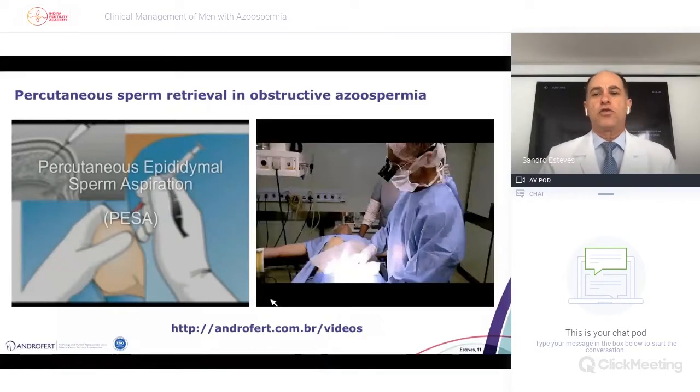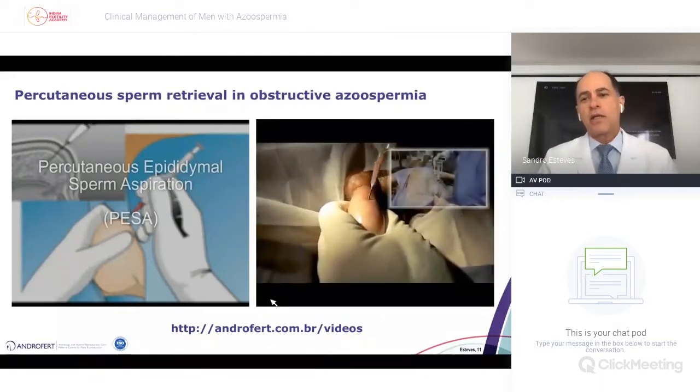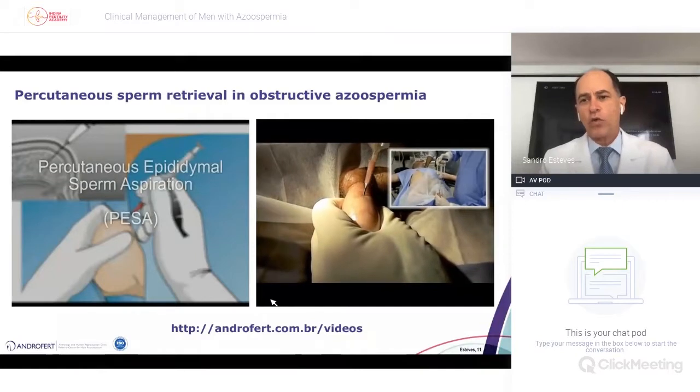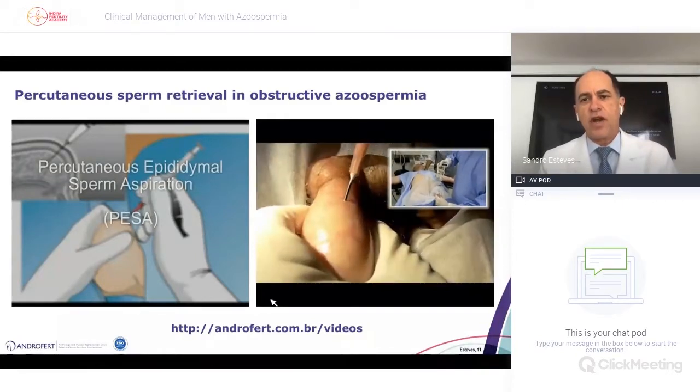And I use this 20 ml syringe connected with the Cameco syringe holder that you can see, which is very nice to create the negative pressure. And then I move the needle in and out without taking it out of the testicle.